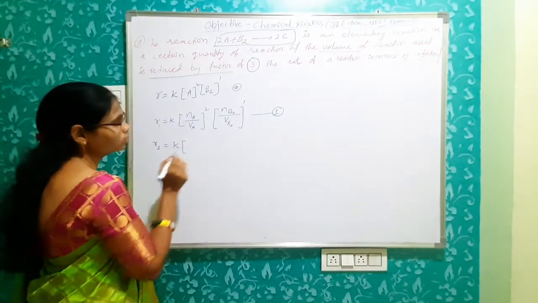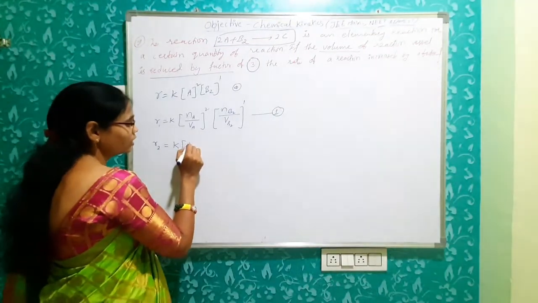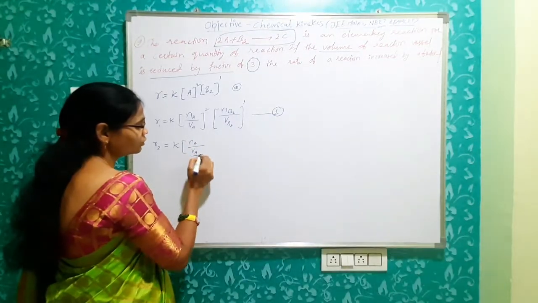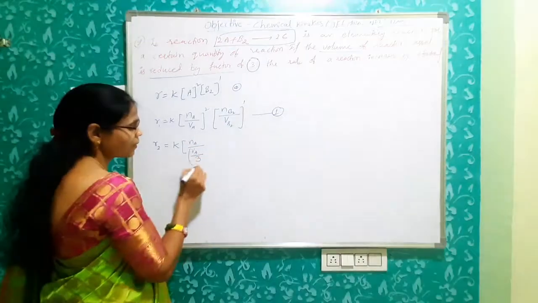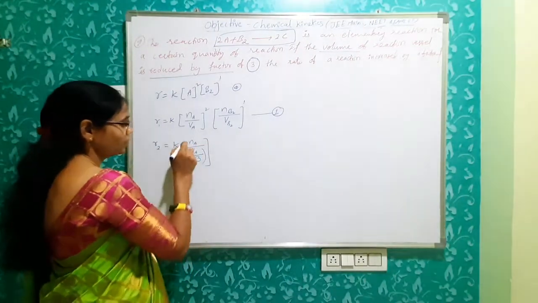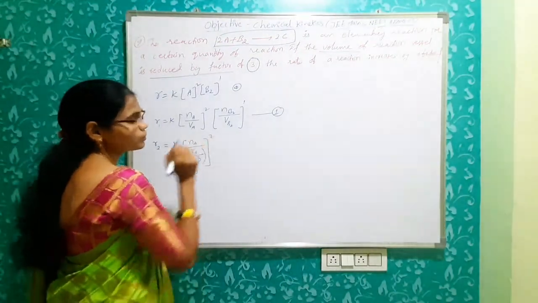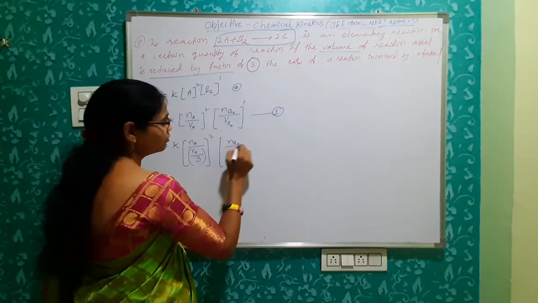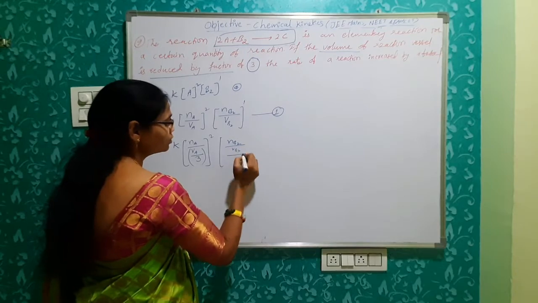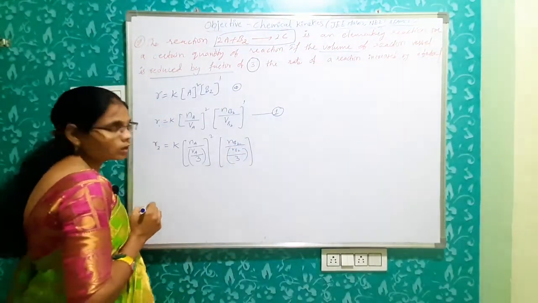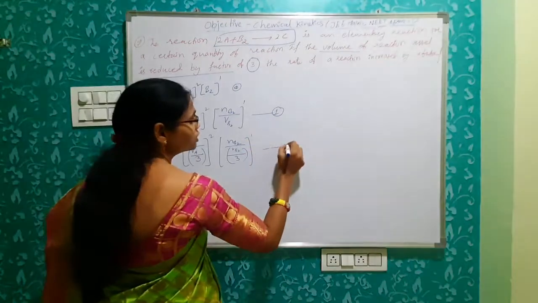K into the number of moles of A by volume of A, and this volume is decreased by 3 times, power 2. Next, NB2 by VB2, this B2 volume is also decreased by 3 times. So this is equation 2.